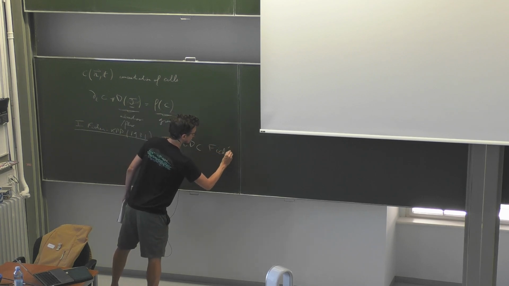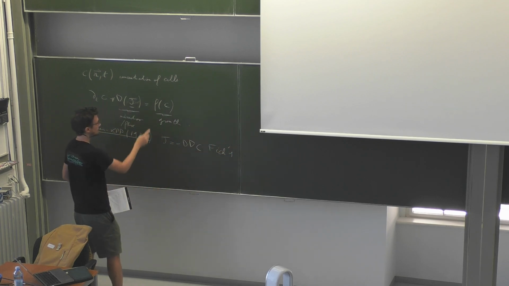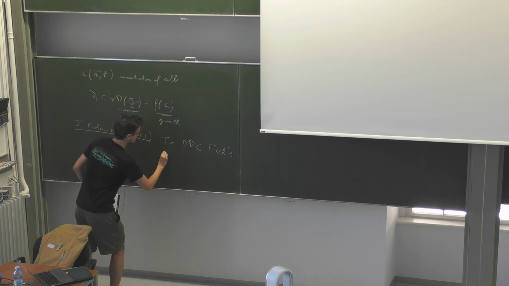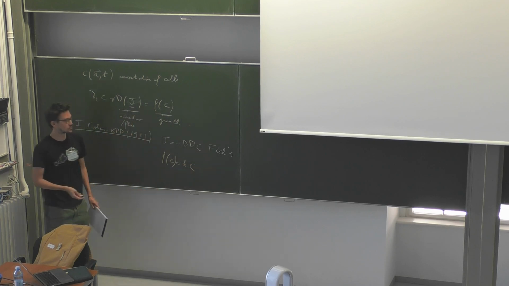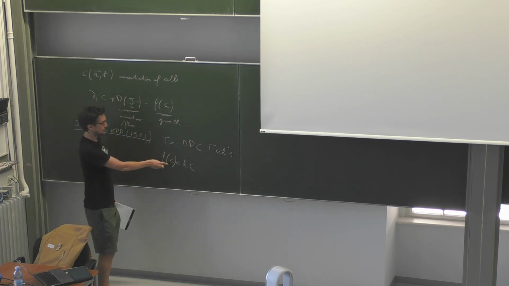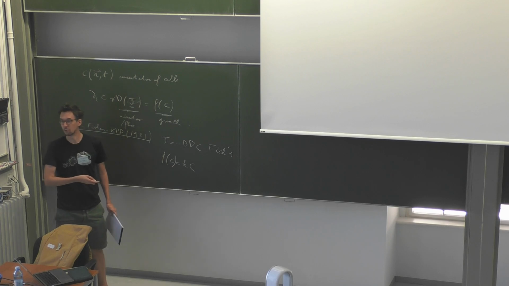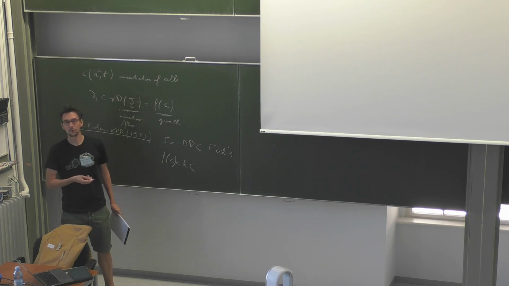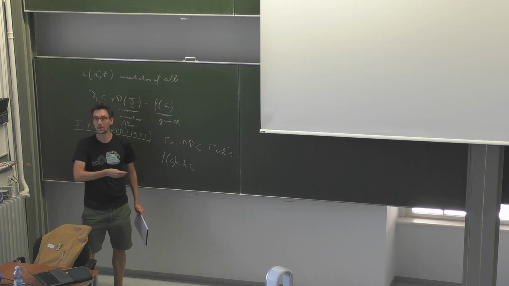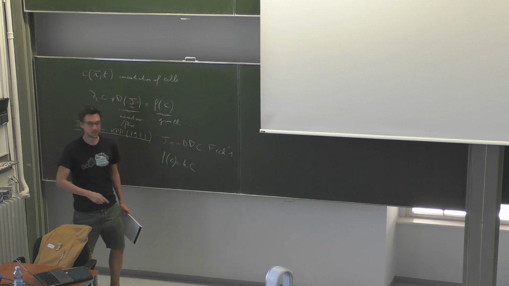Very familiar. And then the other thing I can write is that cells divide. If I write that they can exponentially grow, that's not very physical, right? Because that's going to blow up. I want my cells to grow, but I also want them to stop at a critical density.